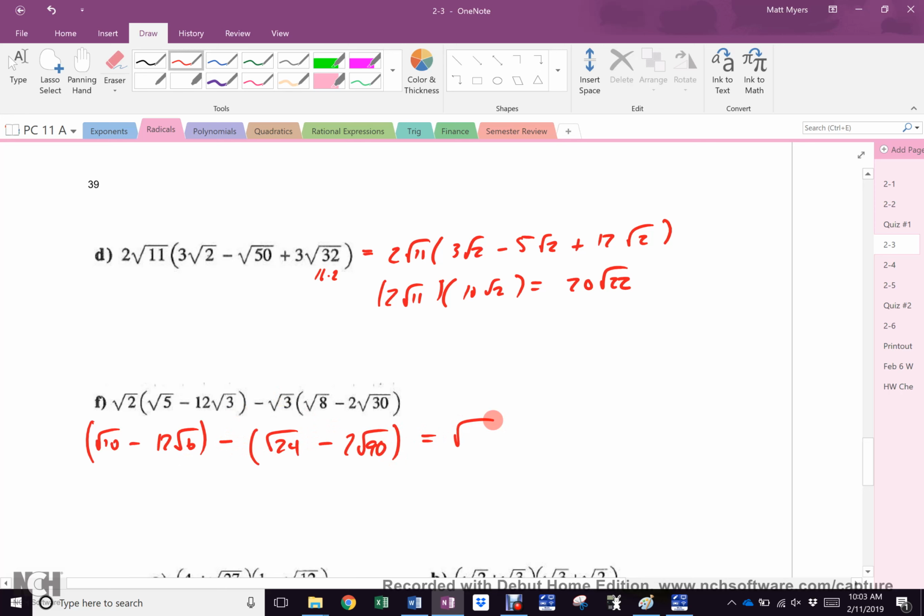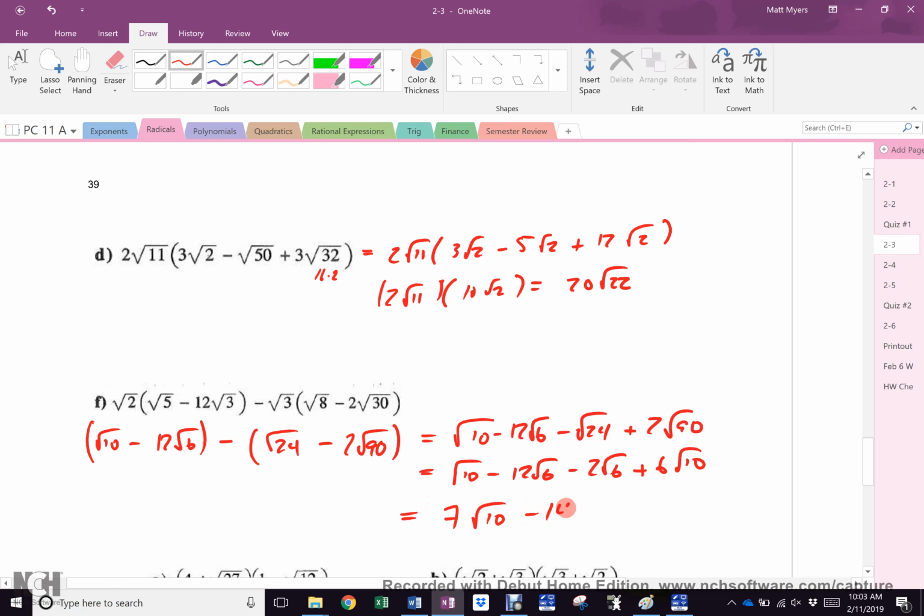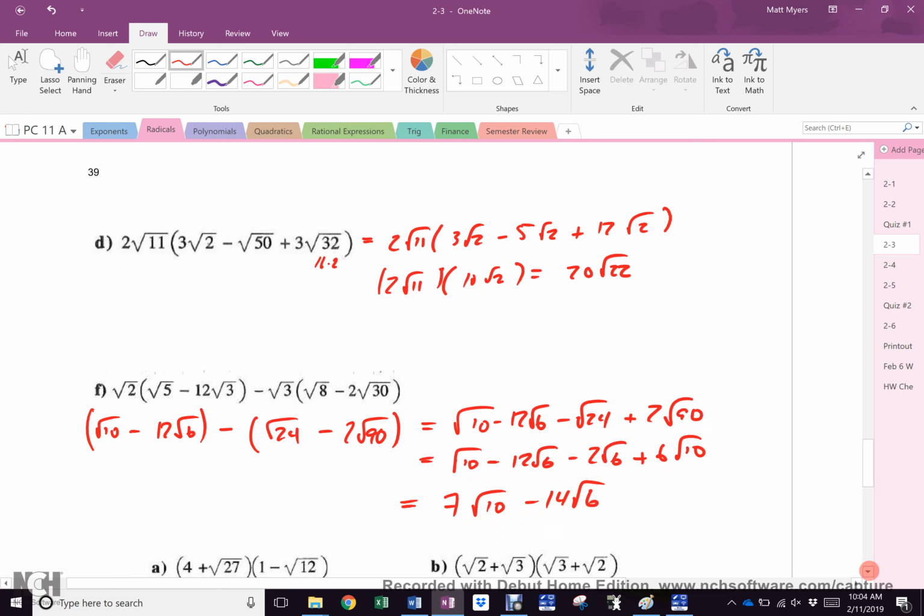So that becomes root 10 minus 12 root 6 minus root 24 plus 2 root 90. Then you simplify root 10 minus 12 root 6 minus 2 root 6 plus 6 root 10 to get 7 root 10 minus 14 root 6.